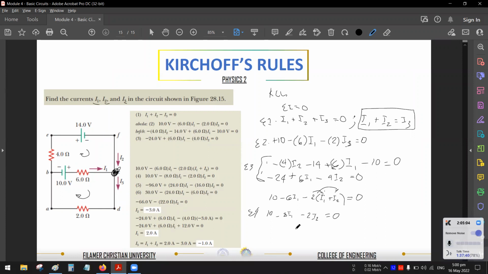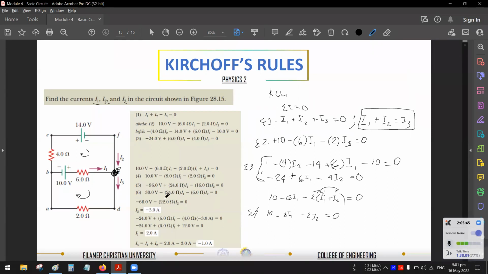Tama ba? So, inad natin yung equation natin. That is negative. So, we have equation 4. So, multiply natin by 3. But we have negative 96 volts.